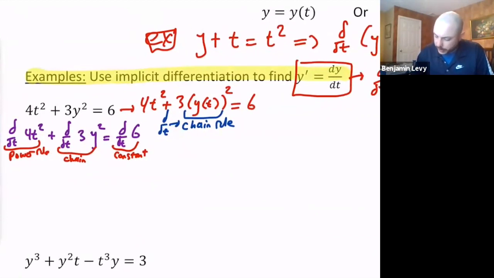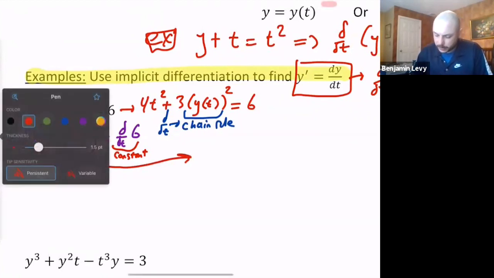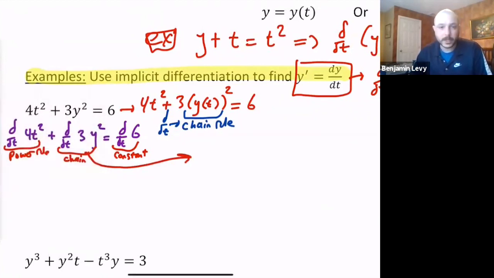Let me just do the chain rule part of this over here on the side. We can do the details. I'm going to do the details just one time. So this is a chain rule with the outside function being 3x squared and the inside function being y.